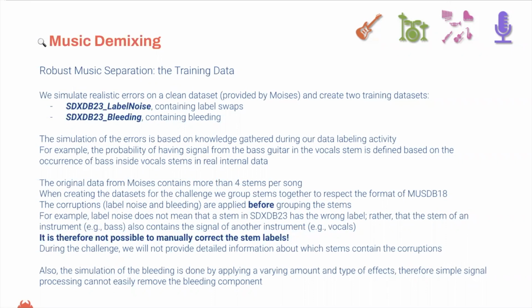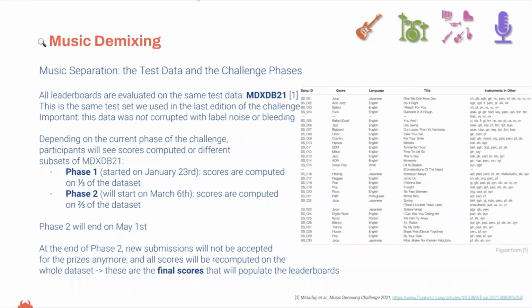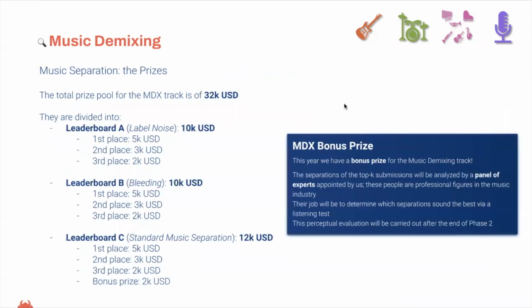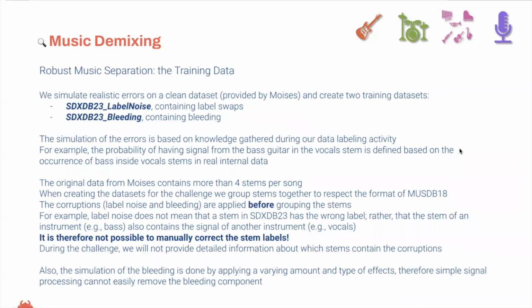And it's also important to notice that during the challenge, we will not provide too detailed information about which stems contain the corruptions. For the label noise in particular, a certain percentage of the data contains this label noise, while the remaining part of the data is actually fine and doesn't contain these issues.